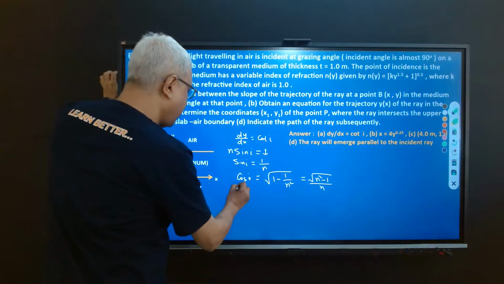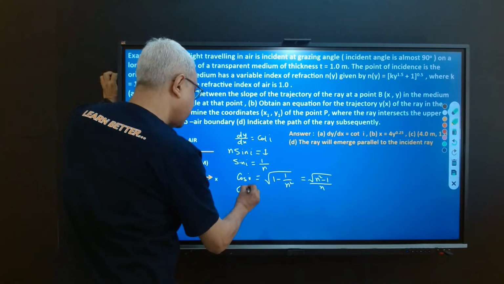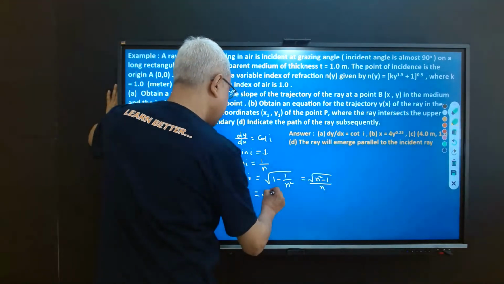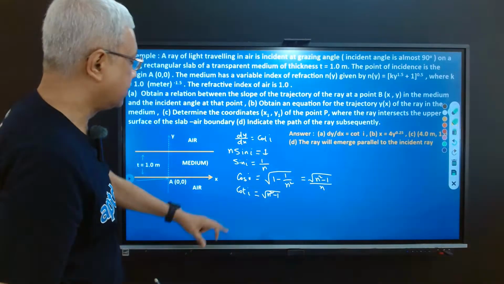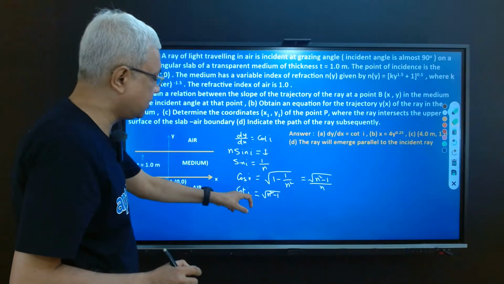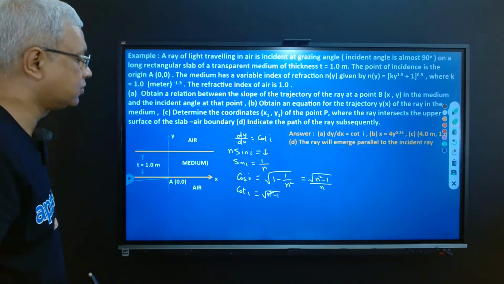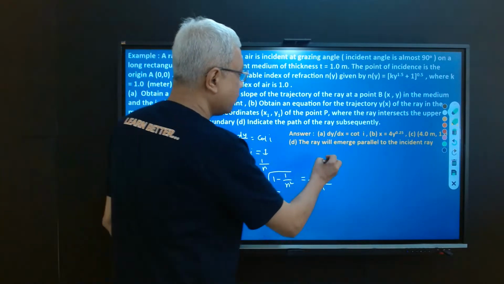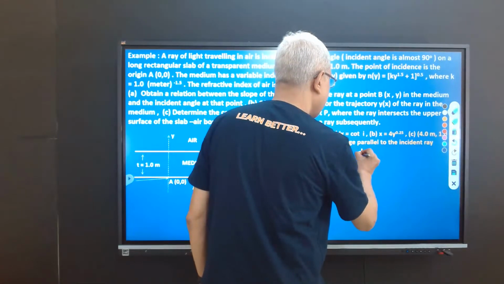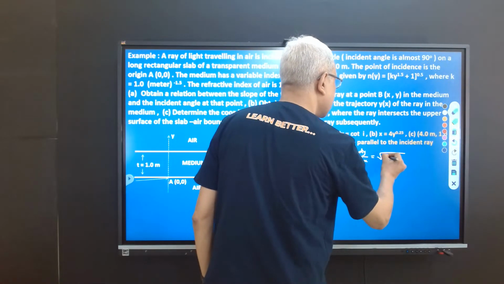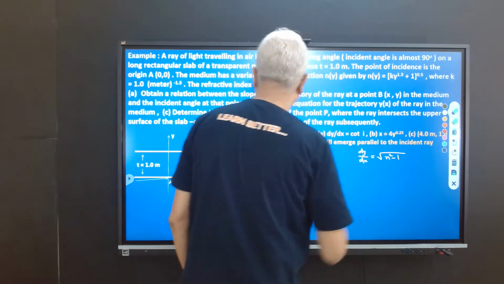So cot I, from this expression, I can write as root over n square minus 1, because cos I divided by sin I gives cot I equal to root over n square minus 1. But cot I is actually dy dx. Therefore, dy dx is root over n square minus 1.